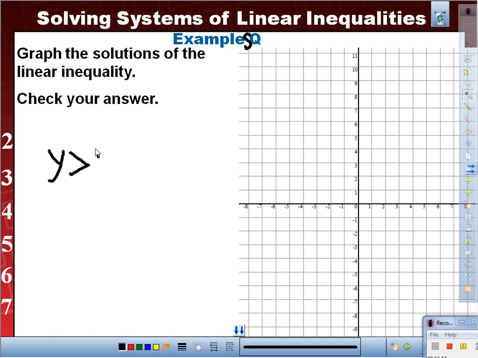How are we going to use that as a slope? 3x minus 1. Okay, do the first part. Plot me some points really quick. Give you a head start.